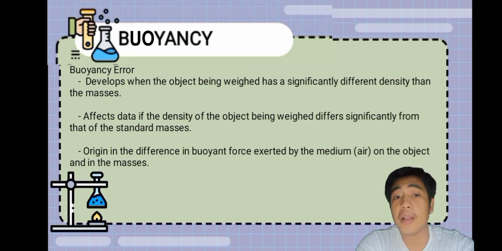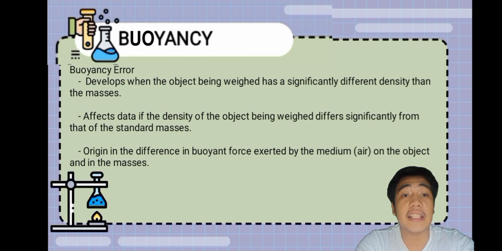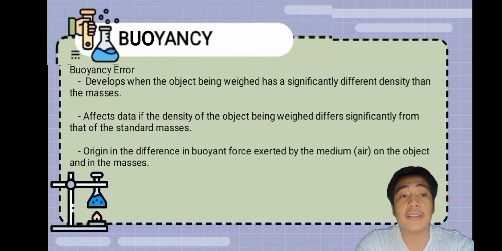However, the same cannot be said for liquids, gases, as well as solids which have a low density. For these objects, the effects of buoyancy become significant, and this error should be corrected.